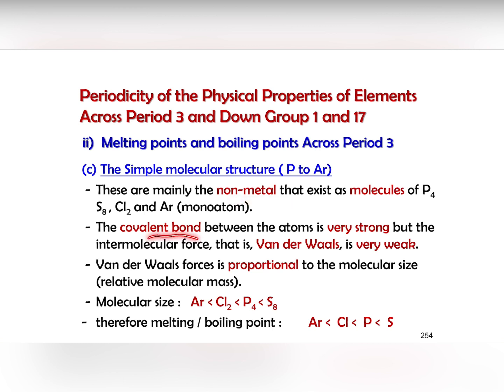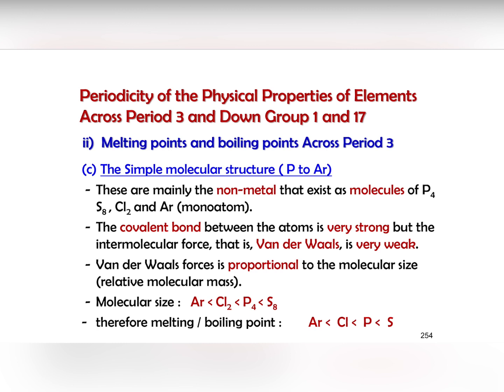The covalent bond between the atoms is very strong, but intermolecular forces such as the van der Waals forces are very weak. Intermolecular forces are between one molecule and another molecule. So we refer back to van der Waals forces. Since they are not metals, we cannot say they have metallic bonds. There is no metallic bond.